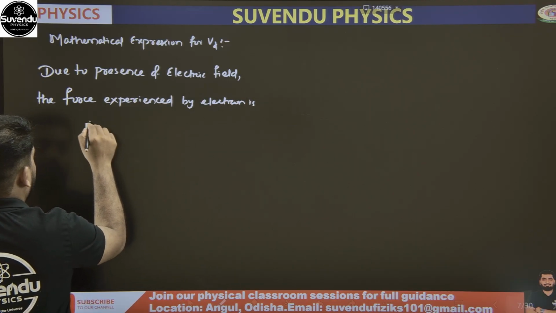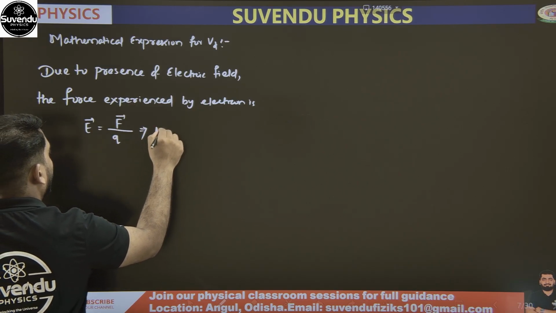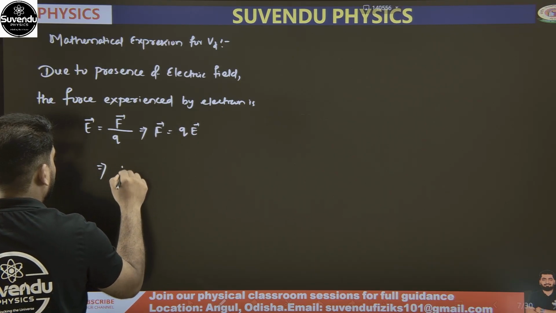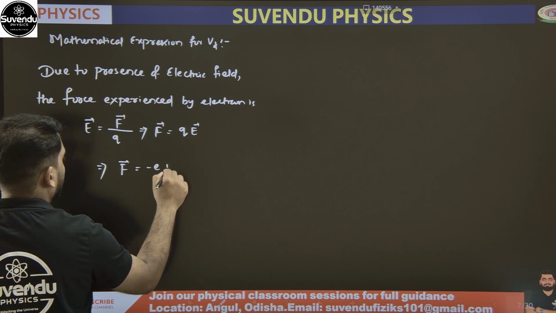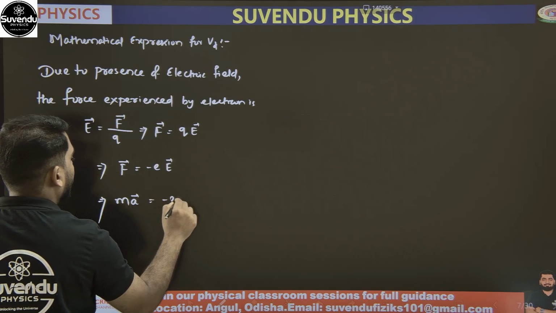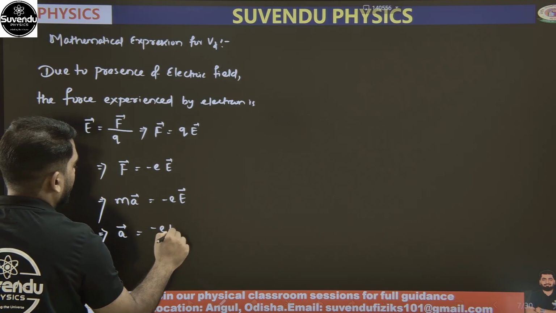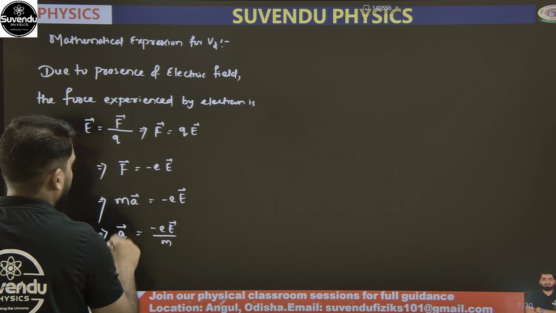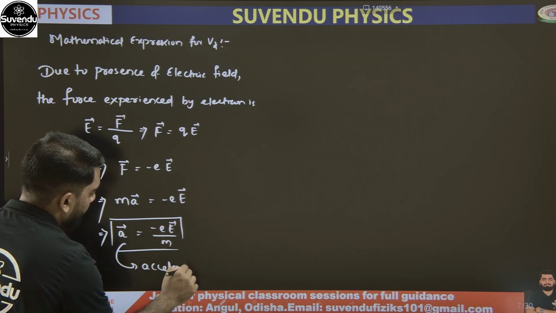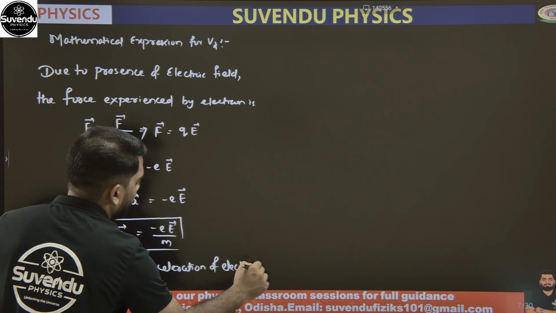We know E vector is equal to F vector by Q. That means F vector equals Q into E vector, and the charge of an electron is minus e. So F vector we can write as m into a vector, equal to minus e into E vector. So the acceleration of the electron is minus e E vector by m. Is that clear?